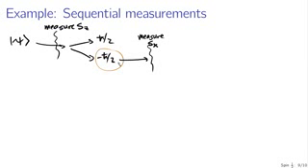Back when we were talking about the generalized statistical interpretation of quantum mechanics, you know that after a measurement that gave you a particular eigenvalue of the Hermitian operator associated with the observable that you're measuring, the quantum system now is in the state with the eigenvalue associated with that measurement.